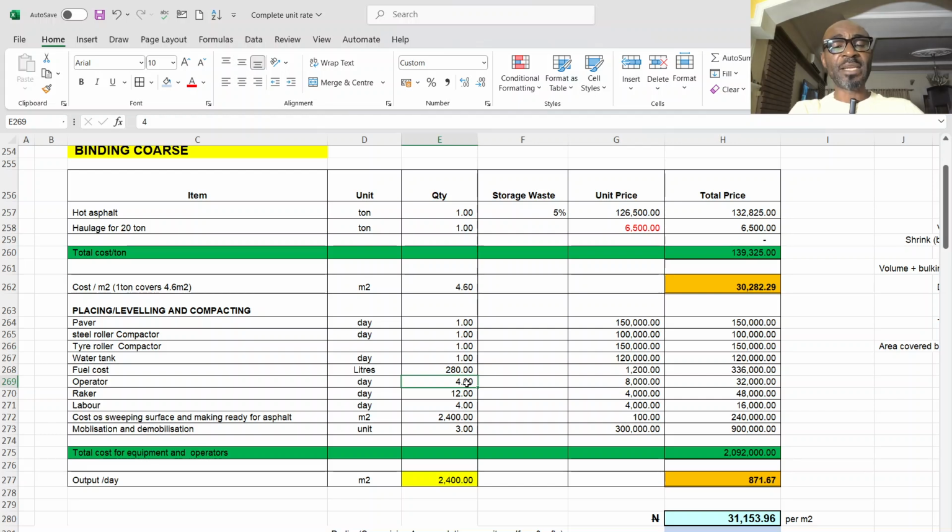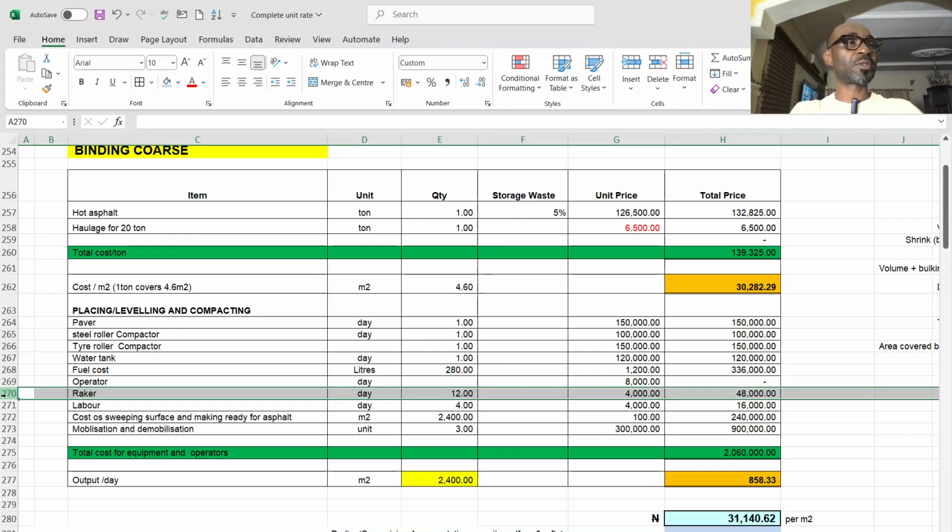Then, of course, operators. Mind you, if the cost of the equipment is inclusive of the operator, then this is not required. But the rakers, of course, you must employ the services of rakers. They come with the expert in raking, they come with the paver, but you have to pay separately.